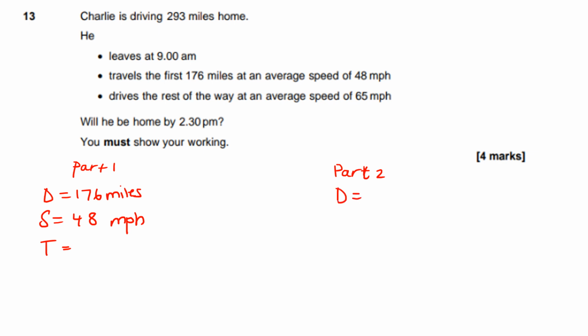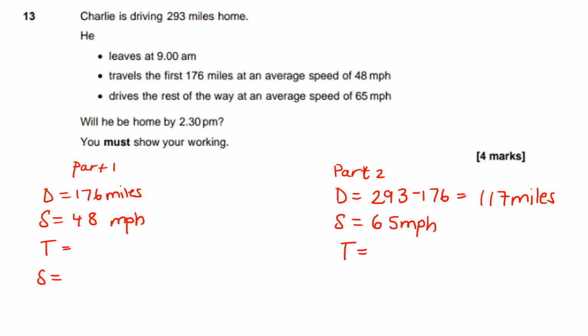For part 2, the distance is going to be 293 take away 176. Because they travelled 176 miles already, if I take 176 away from this, it's going to give me 117 miles. The speed is going to be 65 miles per hour, and we can find out the time.